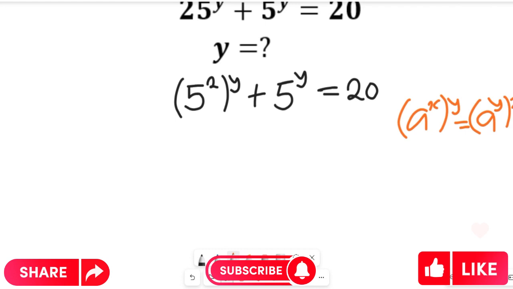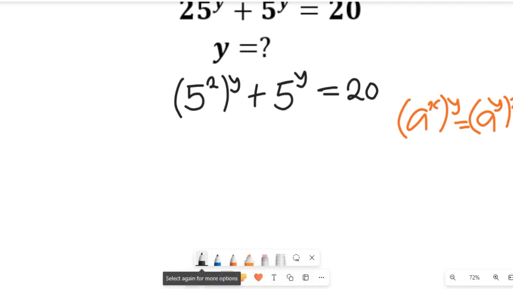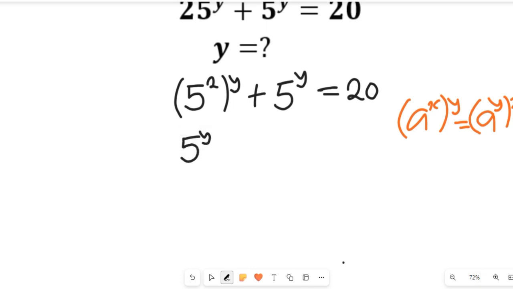So if we apply that here, the expression becomes 5 to the power of y, all to the power of 2, plus 5 to the power of y, equal to 20.